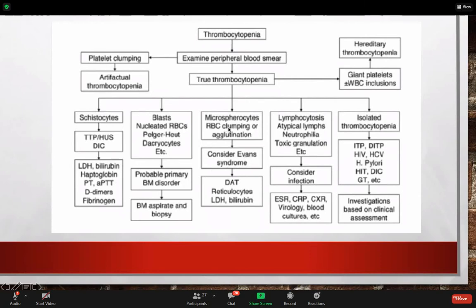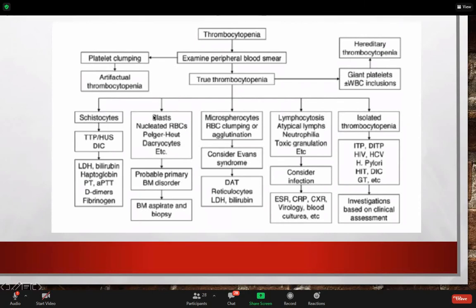Is there any microspherocytosis and RBC clumping? Then we will consider something like Evans syndrome, hemolysis and thrombocytopenia. Is there any lymphocytosis or atypical lymphocytes? Then we can consider infections like viruses, CMV and EBV.